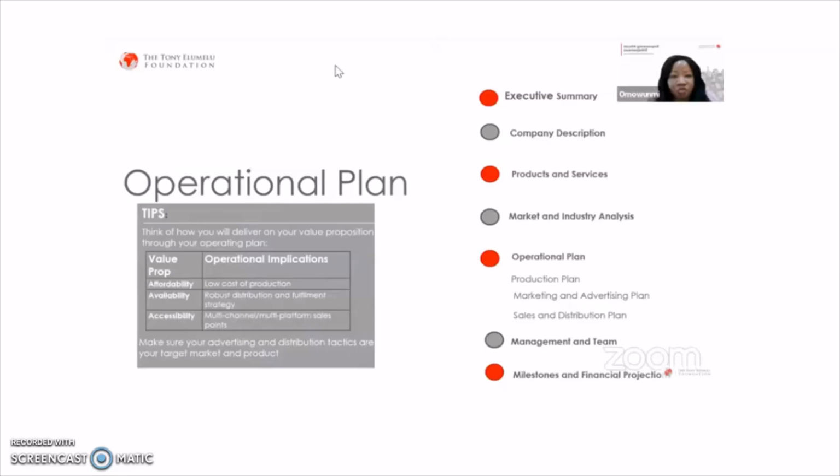So that is what your operational plan is about. It is about how you produce, how you market and advertise, how you package your product, how you differentiate your services, right? It's about how you sell it and how you distribute it. So in this place, it's talking about operational plans and all the rest of them.